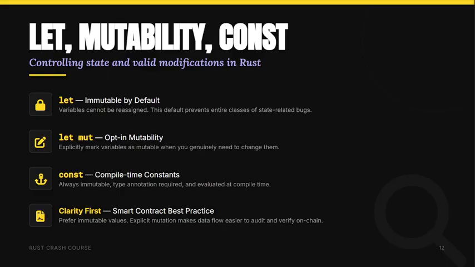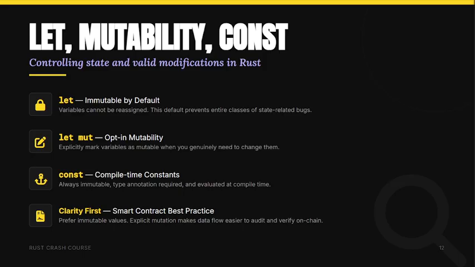A variable that can't change? How so? But here's the philosophy. Most values in a program don't actually need to change after they're set. Making immutability the default prevents entire classes of bugs where a variable gets modified somewhere unexpected.